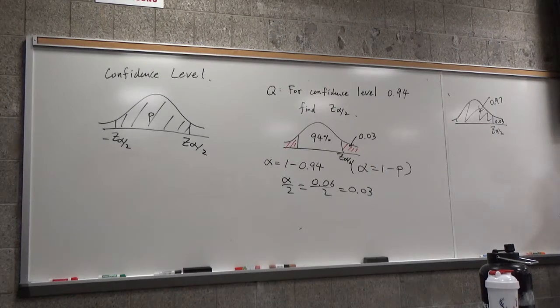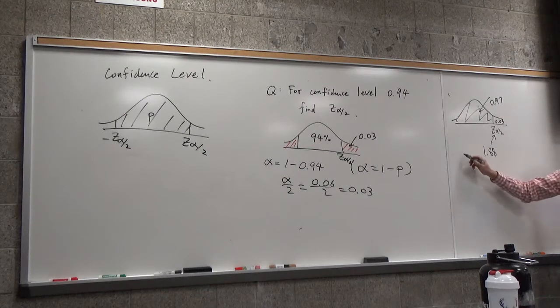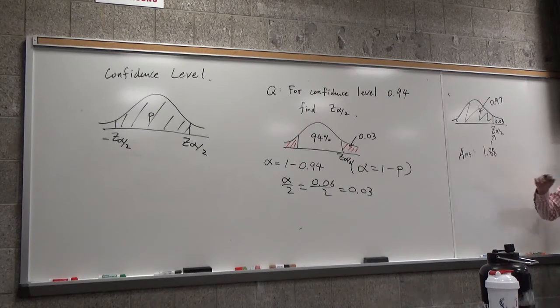Where is that? 0.97. Yeah. So that's 1.88. So right now 1.88 gives you a value very close to 0.97. Okay. So the answer is 1.88. That's how you do it.